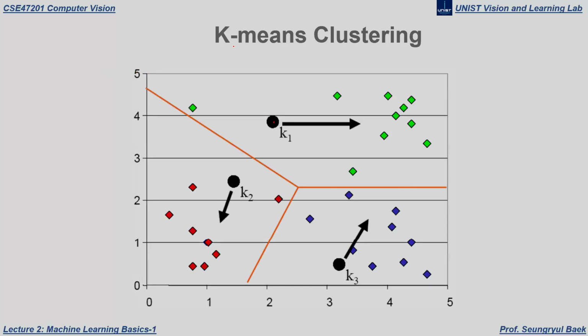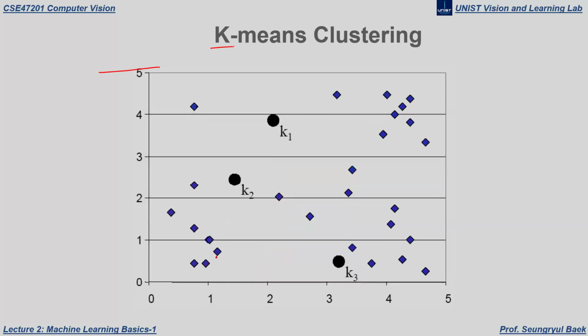And then what you will do right after the initialization is, for every blue point here, you will calculate the Euclidean distance to all the centroids. So you first map each sample to one of K1, K2, K3 by calculating their distance.